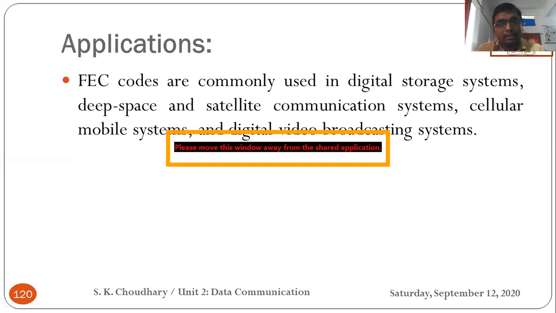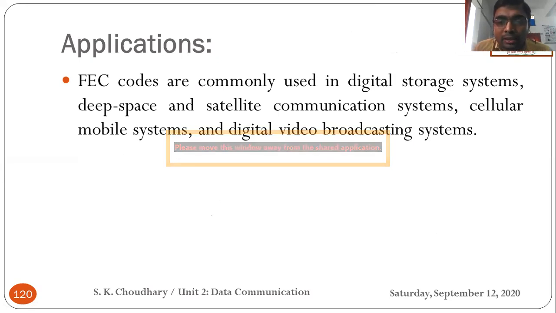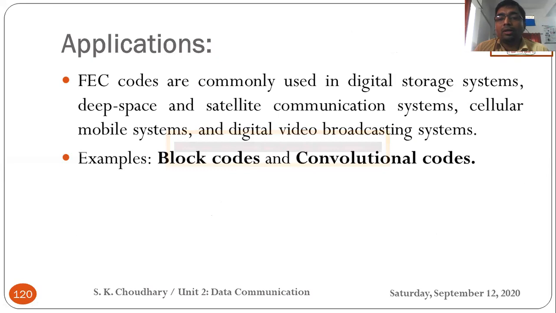If you see the applications of forward error correction, it is basically used in digital storage systems, deep space technology, satellite communication systems, cellular mobile systems, and digital video broadcasting systems. The examples of FEC are block codes and convolutional codes.